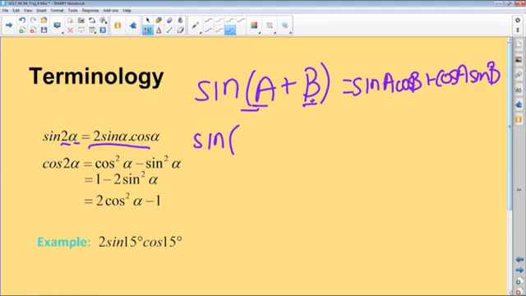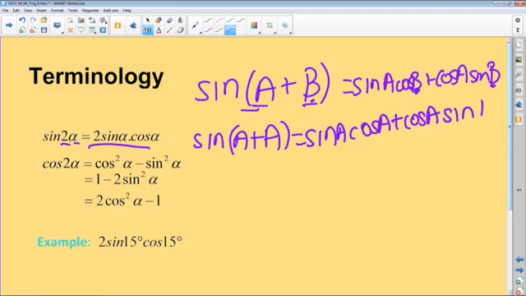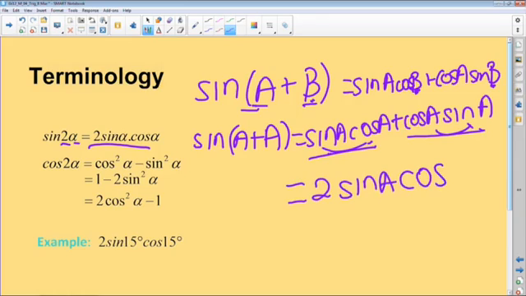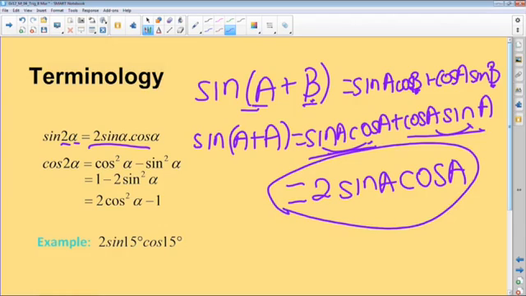I would then write this as sine of A plus A, which means I replace all my B's with an A. So it becomes sine A cos A plus cos A sine A. But hang on, these two are exactly the same thing, cos A times sine A and sine A times cos A. So therefore I can add the terms together, which gives you 2 sine A cos A. And that is how you can derive from your compound angle the formula for sine of 2 alpha, or sine of 2 times any angle, for your double angles.